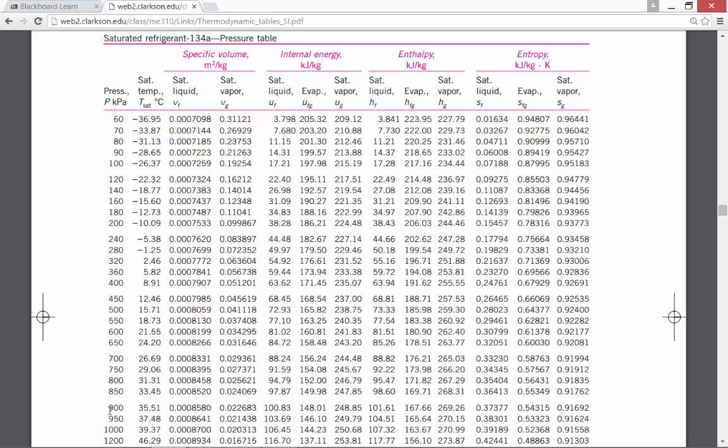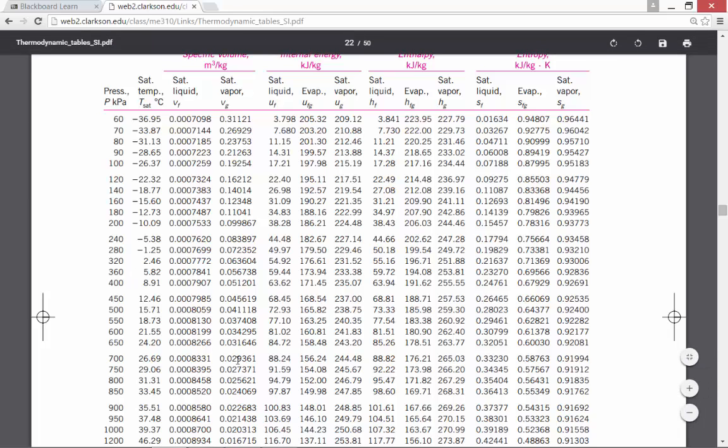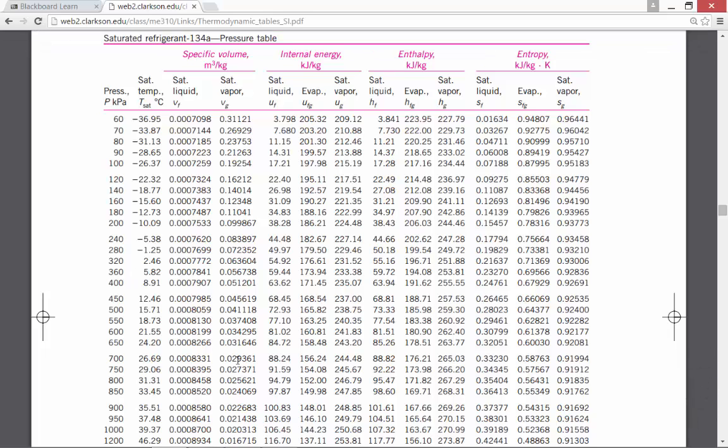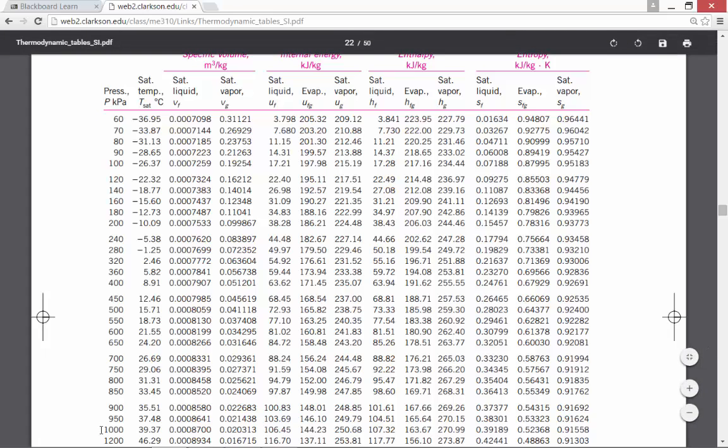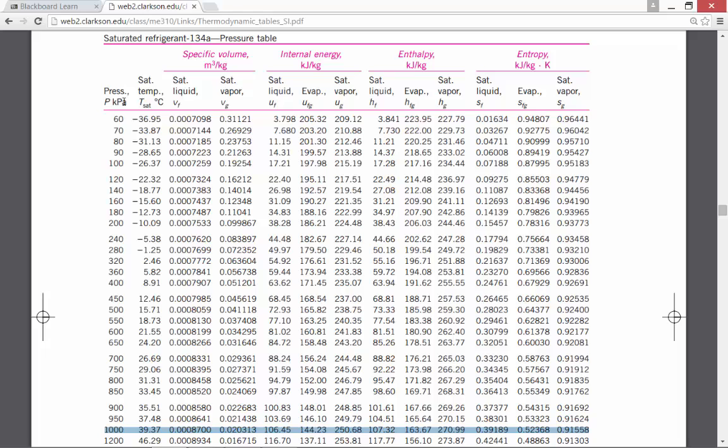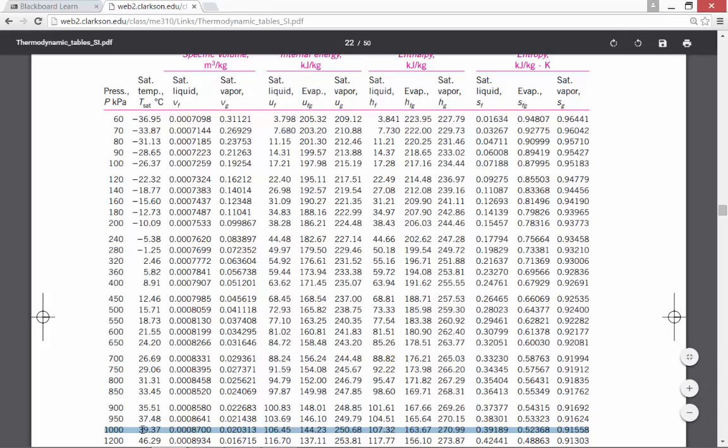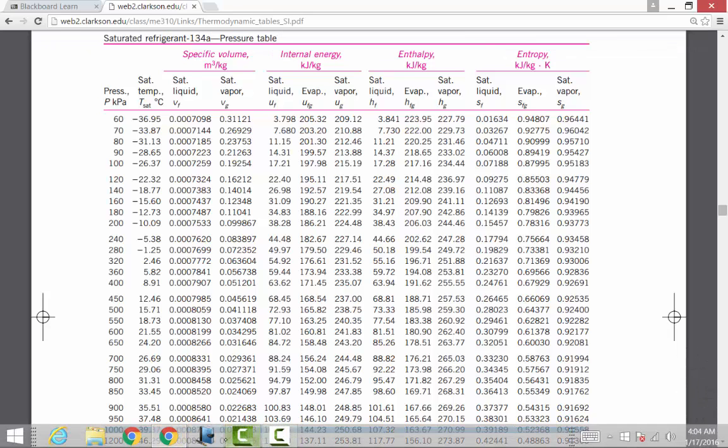At point 2 I have pressure, so I need to use this table, which is A12, and the pressure is 1 megapascal. Therefore here is the line that I'm looking for, because at point 2 I know that pressure is 1 megapascal, 1000 kilopascal. What am I looking for? I'm looking for the saturated temperature, which is here, 39.34.